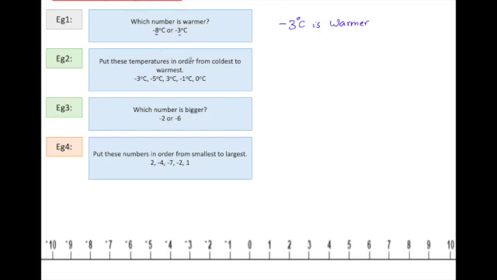Put these temperatures in order from coldest, meaning the least value first, to the highest number. For that, we have negative numbers. So first step, what we will do is circle the numbers that are negative, because the smaller number will be one among these negative numbers. And to choose the smallest value, you have to check the highest number without sign.